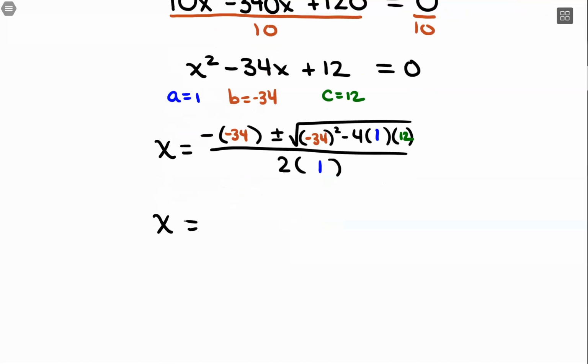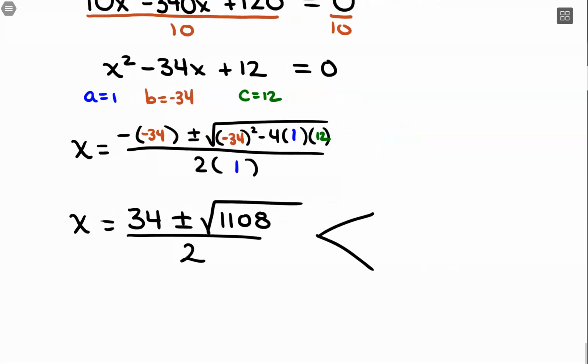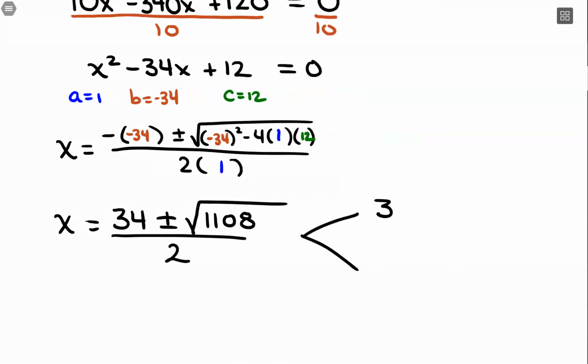So x is going to be equal to positive 34 plus or minus, and I'm just going to simplify everything under the square root there. Since this is a word problem, we don't need to worry about an exact answer because we're just going to estimate. So 34 plus or minus the square root of 1108 over 2. And then we'll just use the calculator to get the two solutions out. So if we add them together, it should be a 33.64.